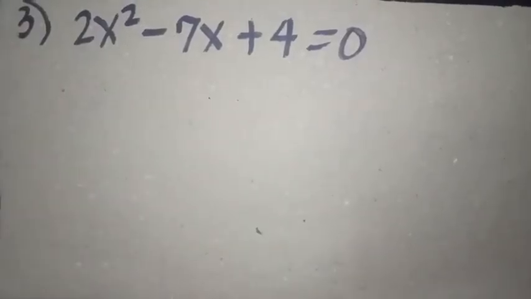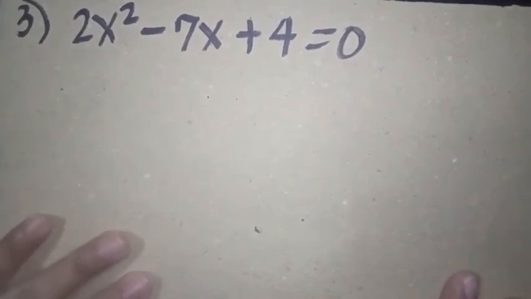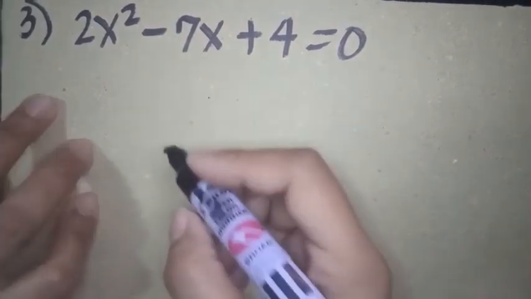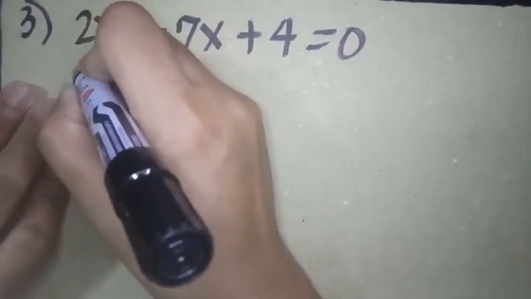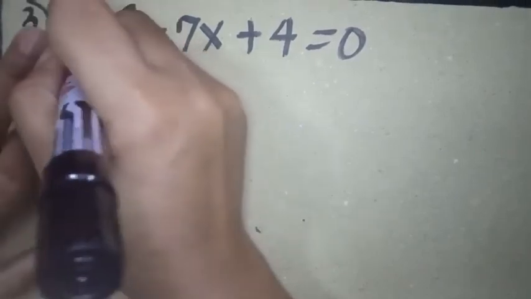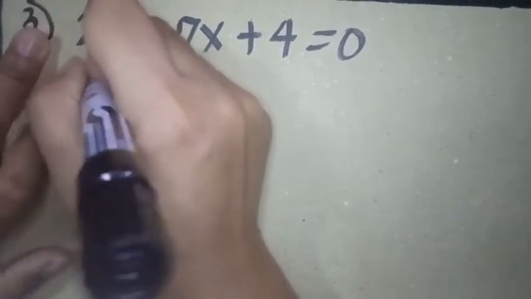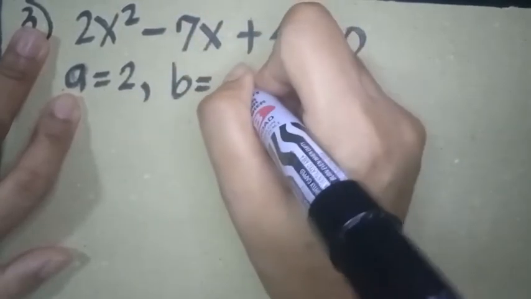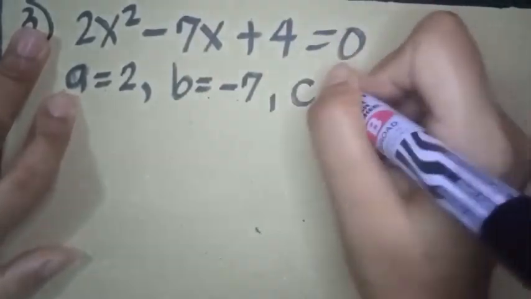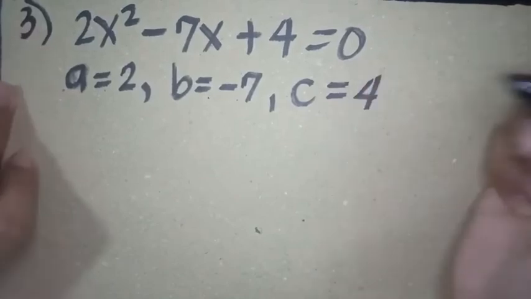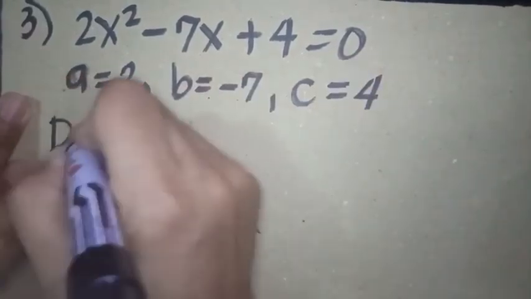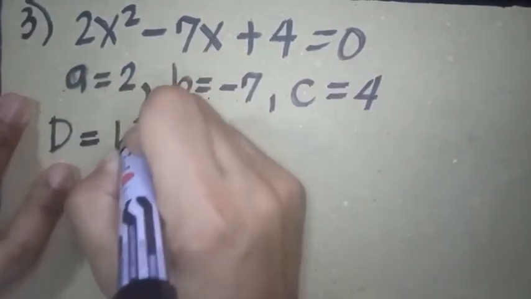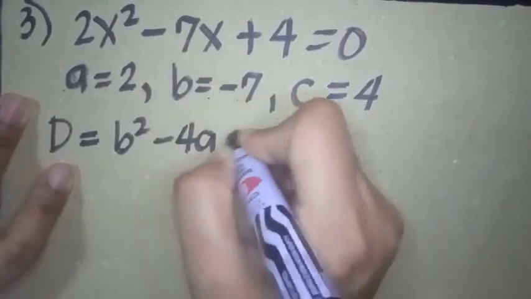Ngayon, subukan naman natin itong pangatlong equation natin. 2x squared minus 7x plus 4 is equal to 0. So again, let us identify the value of our a, b, and c. So our a is positive 2, our b is negative 7, and our c is positive 4. So the discriminant is equal to b squared minus 4ac.